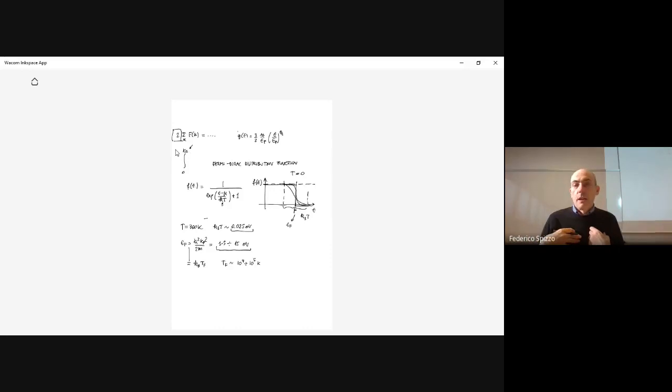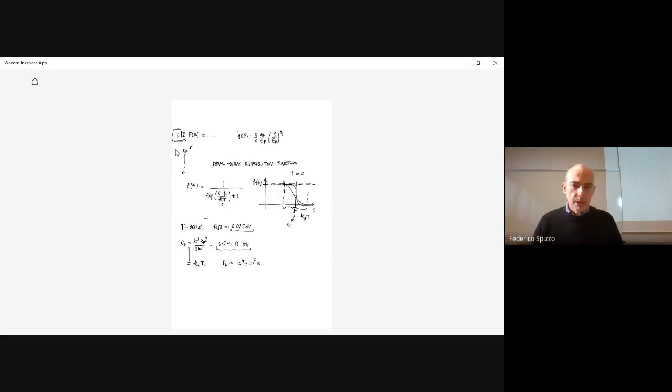In general, the actual structure of the Fermi-Dirac distribution will not be a step function when T is different from 0, but in many cases we can use the idea that the Fermi-Dirac distribution is nearly a step function, because to distort it with respect to a step function we need a very, very large temperature.